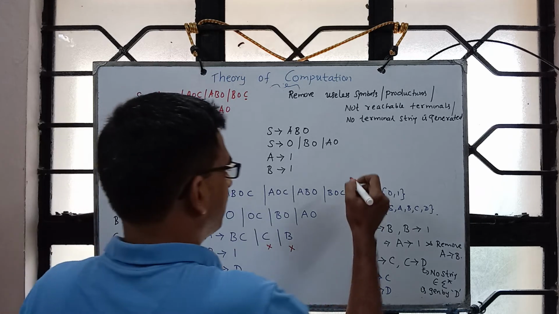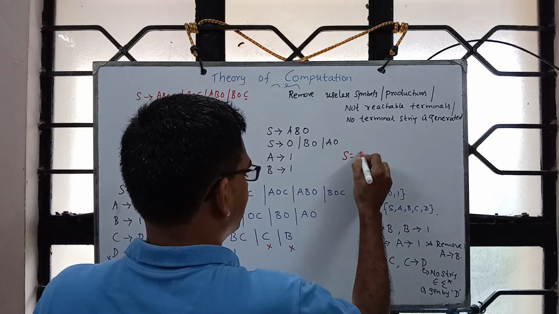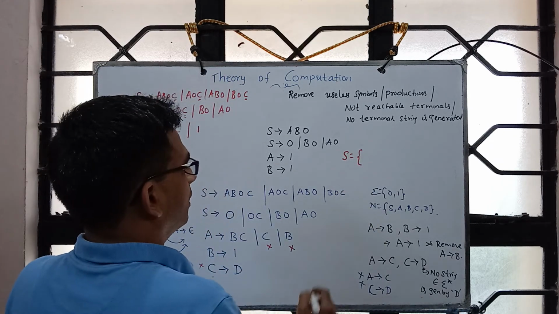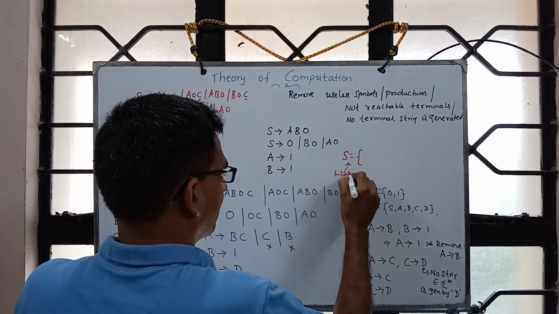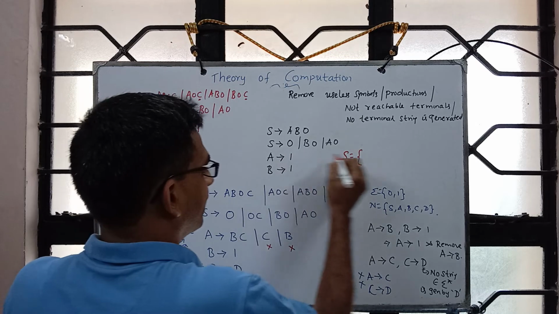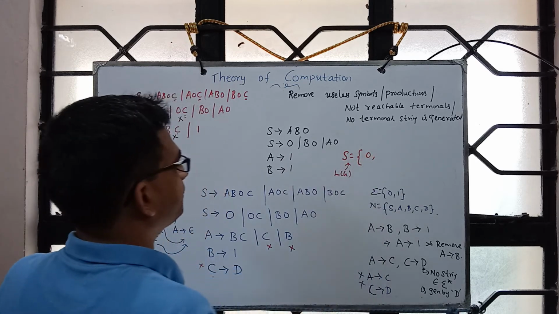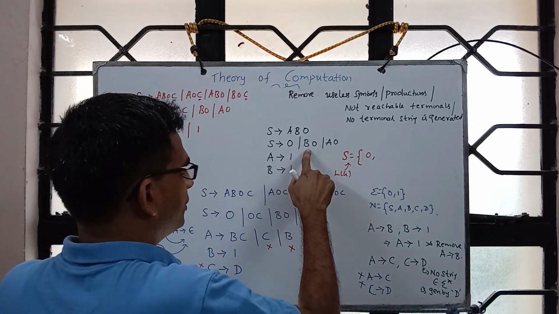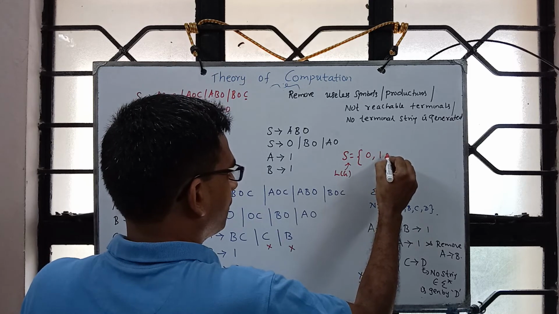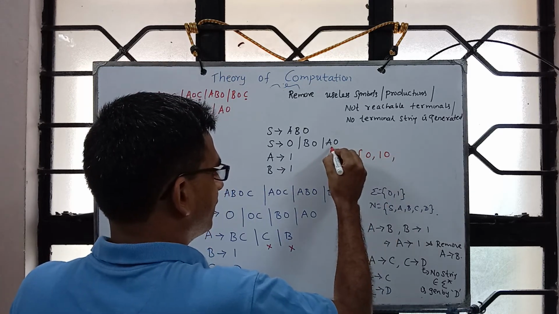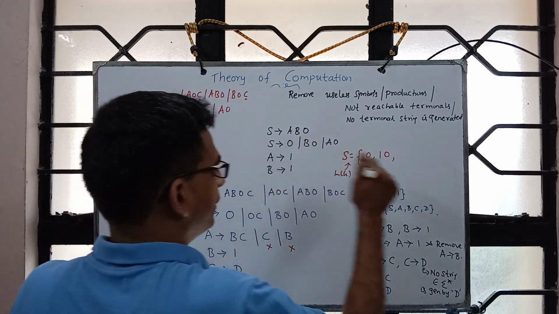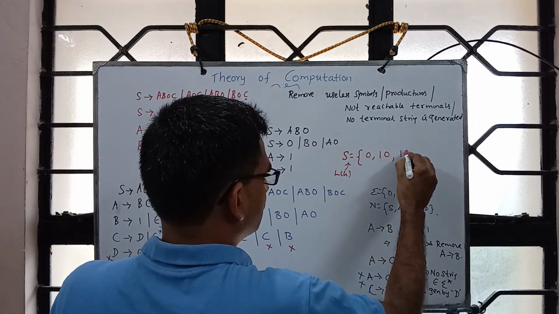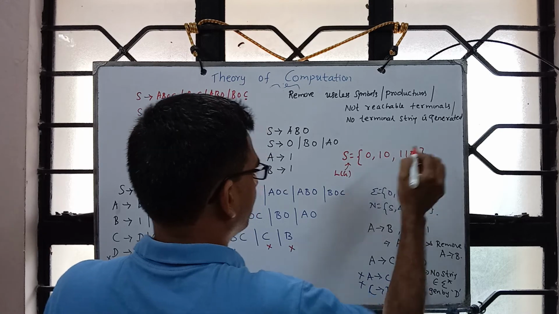Now let's look at what is the language accepted by this, or L of G. L of G can accept 0, or when you substitute 1, we get 10, or when you substitute 1 here, it is 10, or when you substitute 1 1, it is 110.